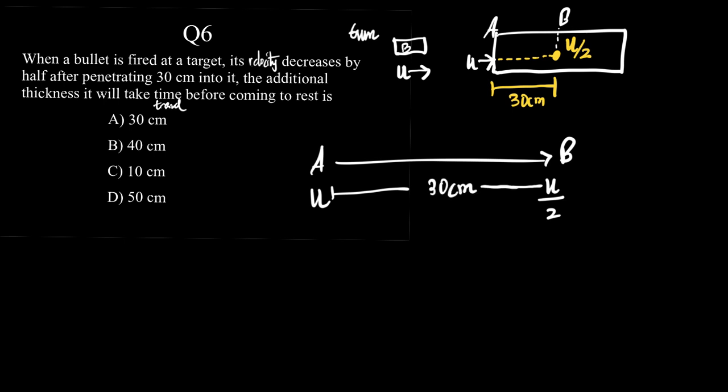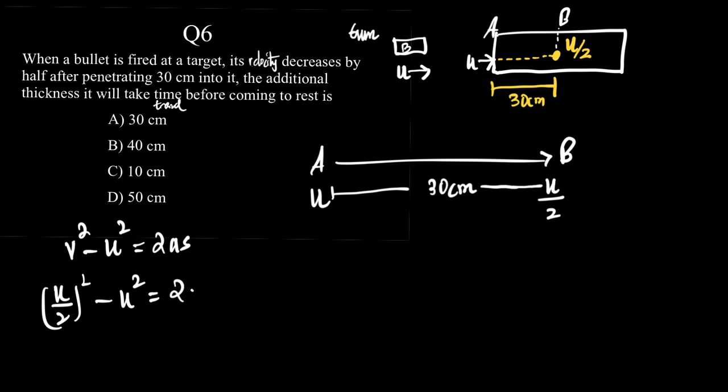30 centimeters, right? In which case, if we apply v square minus u square is equal to 2as, what is v? V is u by 2 the whole square. What is a? What is u? U is u itself, so this becomes u square into 2 into a into what is s? S is given as 30 centimeters, right?